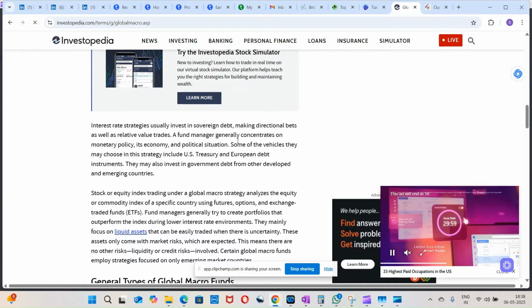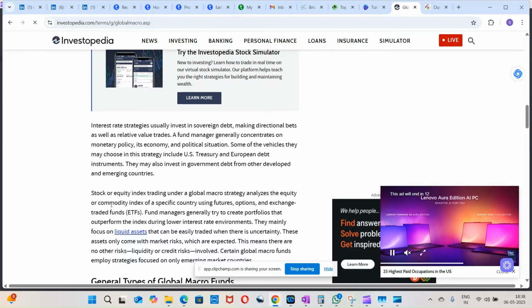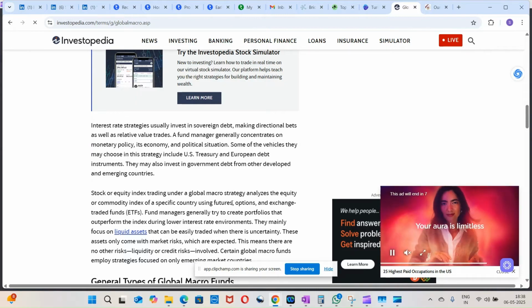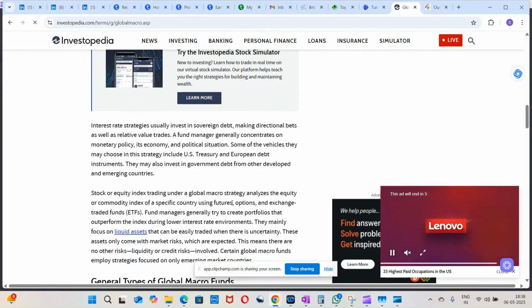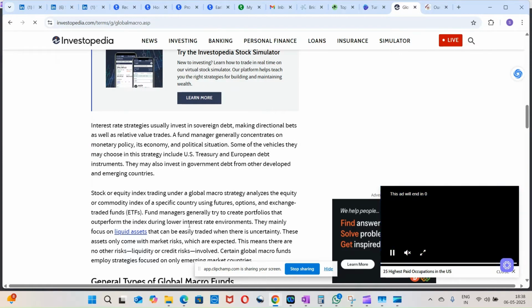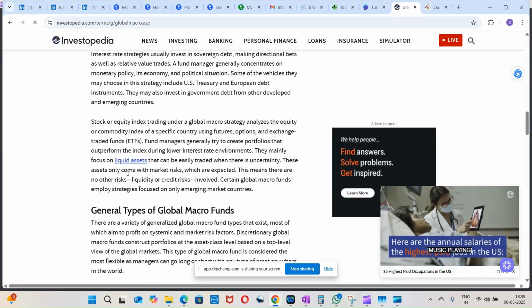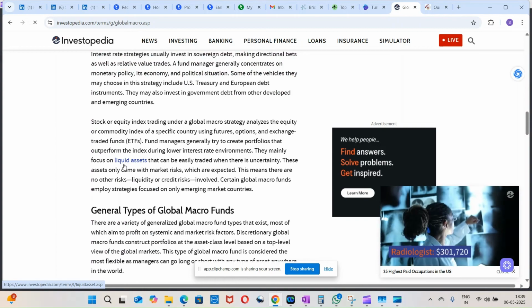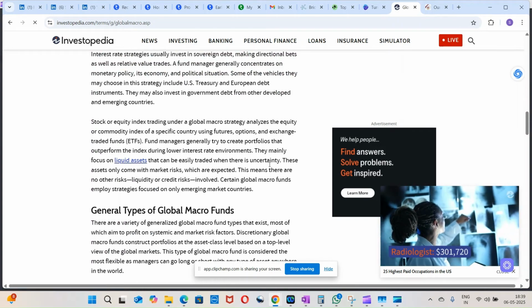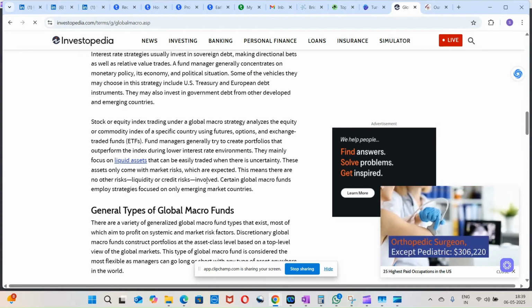If this global macro hedge fund is trading in a stock or equity index, they will analyze the equity or commodity index of that country using futures, options, and ETFs. Fund managers generally create portfolios from this index in low interest rate environments. They mainly focus on liquid assets that can be easily traded when there is uncertainty. These assets only come with market risks which are expected, and there are no other risks.